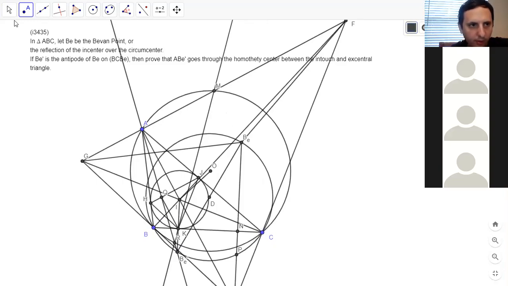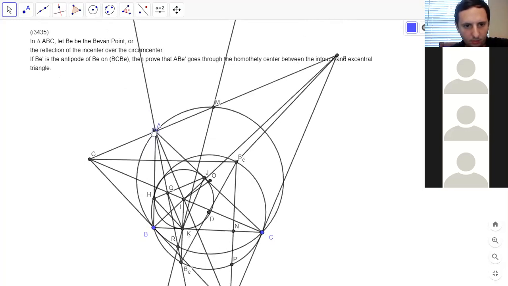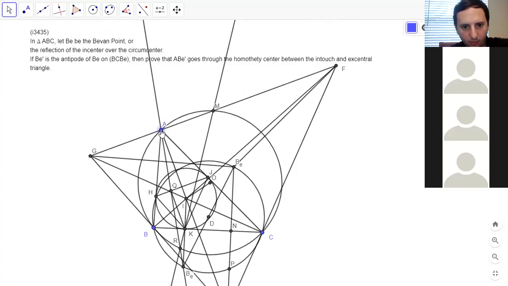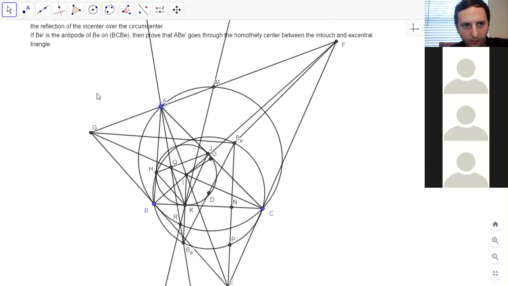So really we want to show AR and BE prime are collinear, right? Yeah, that looks a little bit easier. Okay, so we want to show AR and BE prime are collinear.